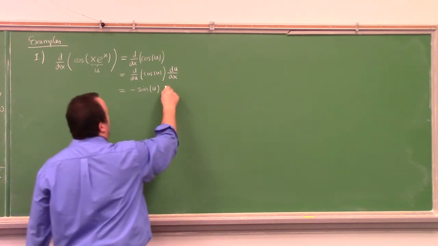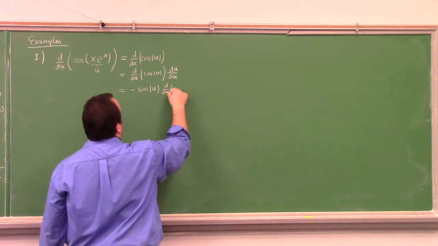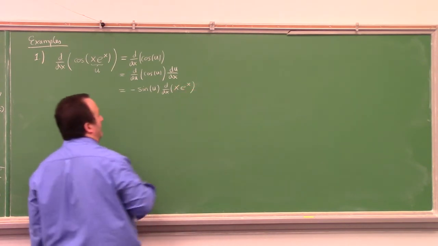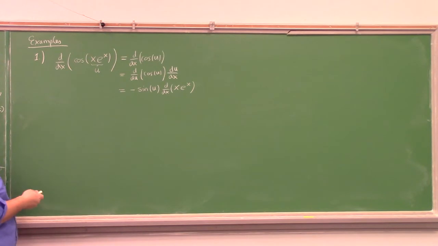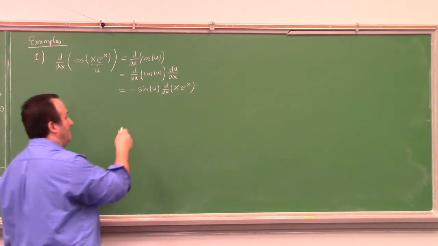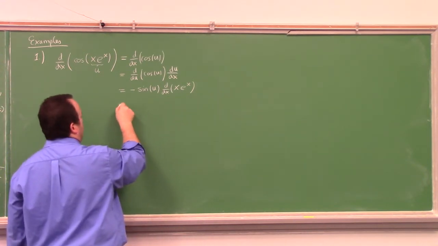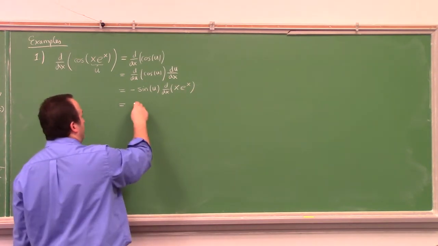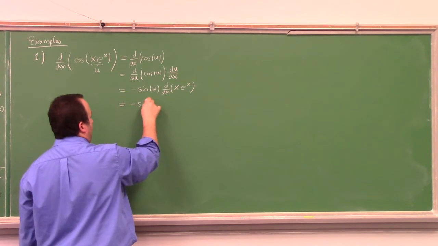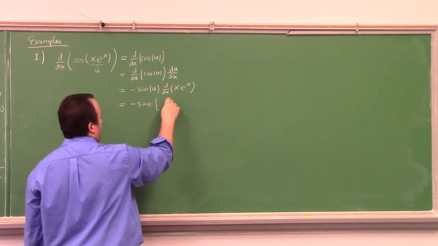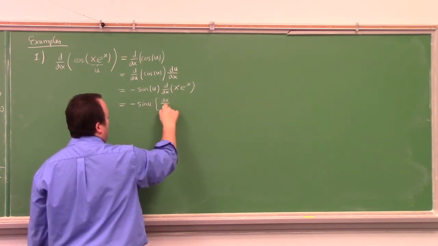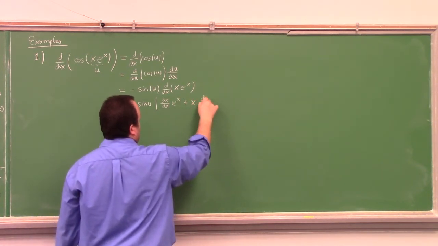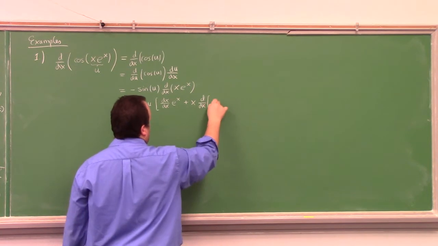And then d dx of x e to the x, aha. But that's a what? Yeah, exponential, but it's also a product, right? We have to do the product rule. So we've got minus sine of u times d dx of x, e to the x plus x times the derivative of e to the x.